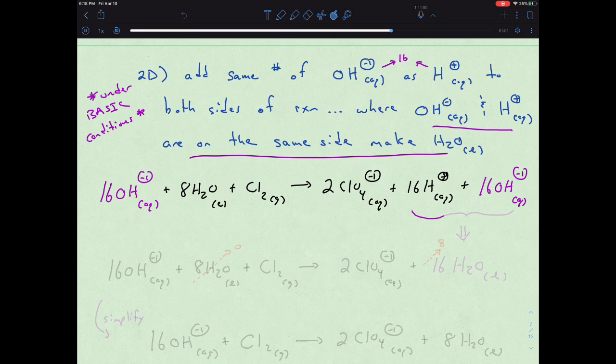And this is what we would be seeing here in terms of the product side of the expression, that we would now have 16 hydroxides on the starting material side plus our 8 H2Os, our chlorine gas producing 2 perchlorates and 16 H2Os.